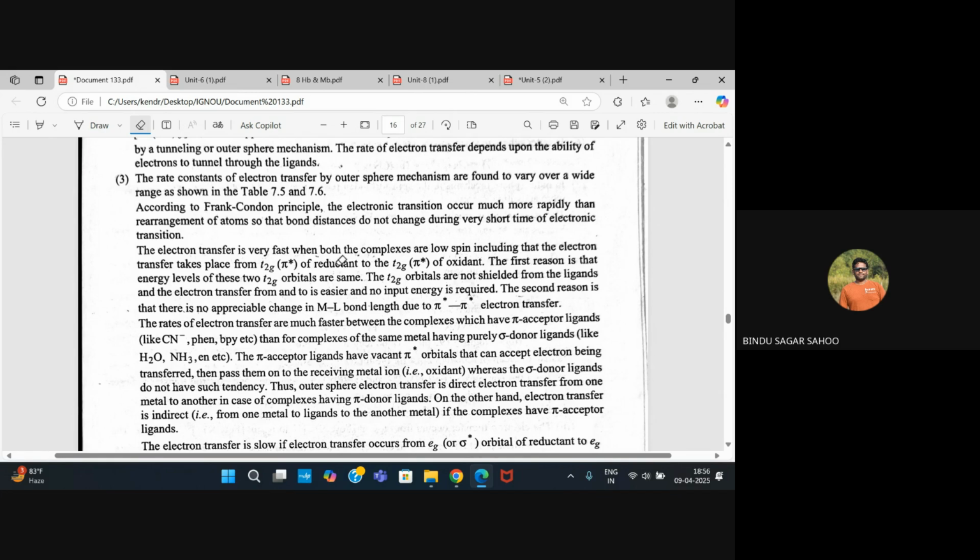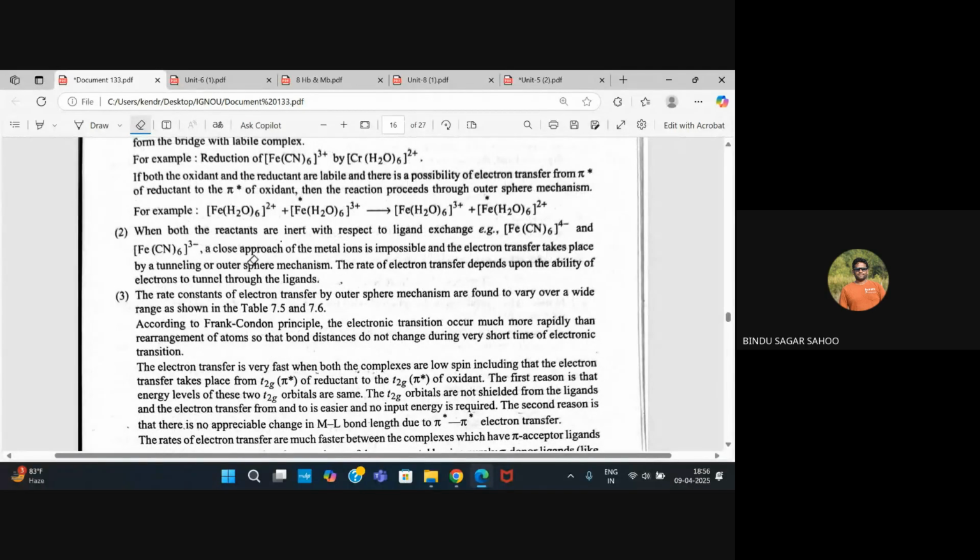A pi acceptor ligand can easily abstract electron density from the metal, a withdrawing tendency, from one complex to another. So remember that in the presence of a pi acceptor ligand, electron transfer is faster. Compared to the previous complex, in this complex the electron transfer will be faster because pi acceptor ligands are present and both complexes are inert.